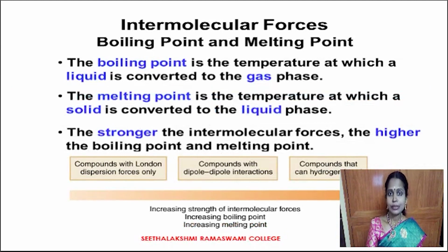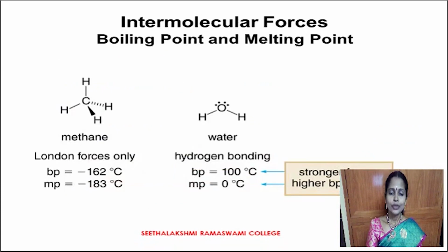Talking about the relationship between the IMF and the boiling point and the melting point, we find that the stronger the intermolecular force, the higher the melting point and the boiling point. So, the compounds that have hydrogen bonding present in them have relatively higher melting point and boiling point. For instance, we have the methane molecule and the water molecule.